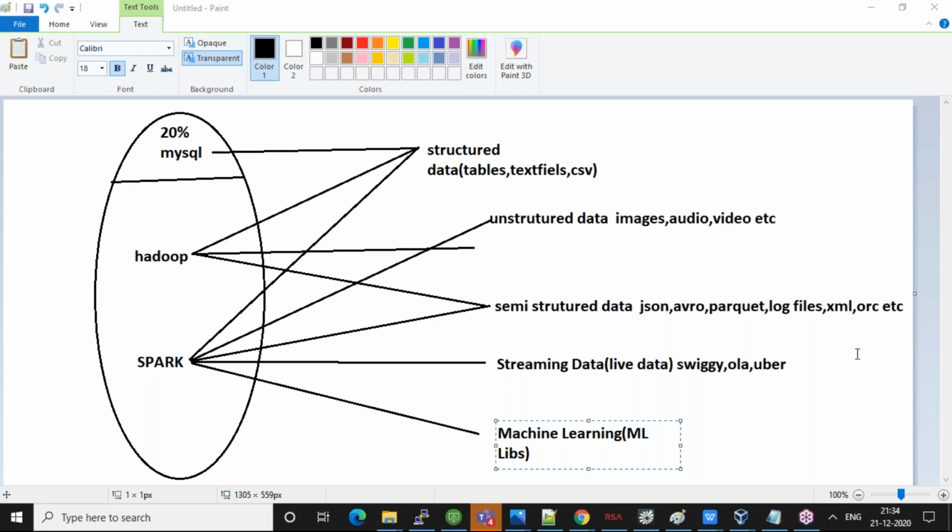First one is streaming data, 24 by 7, you get messages. So you can read this data from a Kafka topic and process it. That means you write code in Spark. That is called processing. Clear?